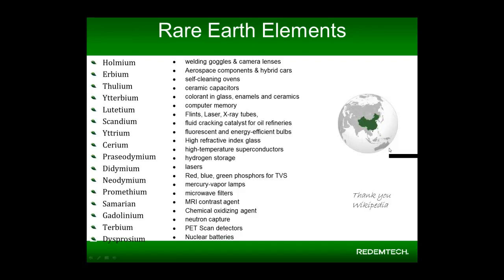I don't know about you, I don't have one of those, but all these things on the right are actually in common manufacture and well used in the developed nations. They are predicated on the availability of rare earth elements.